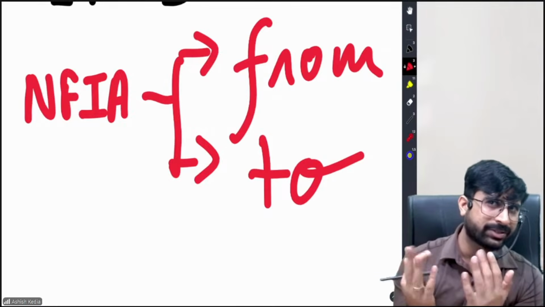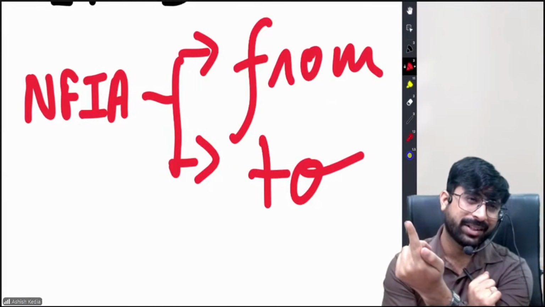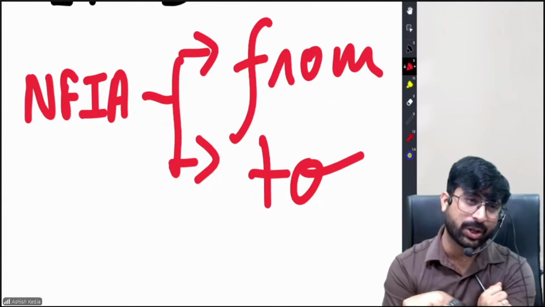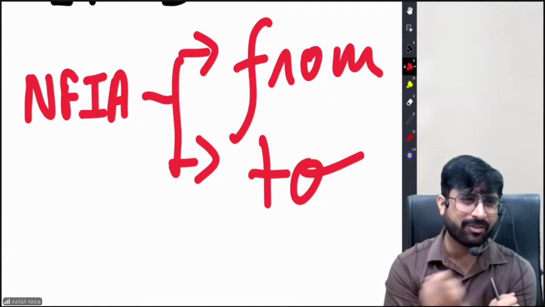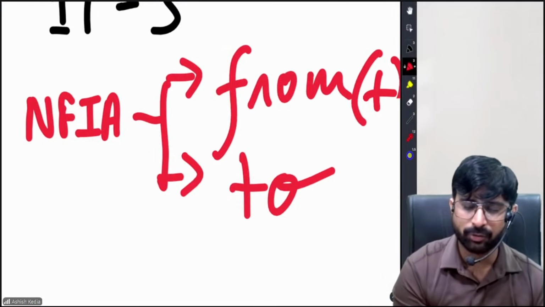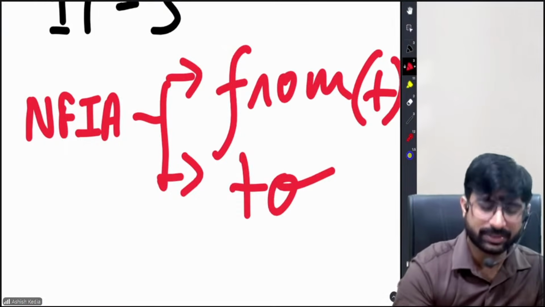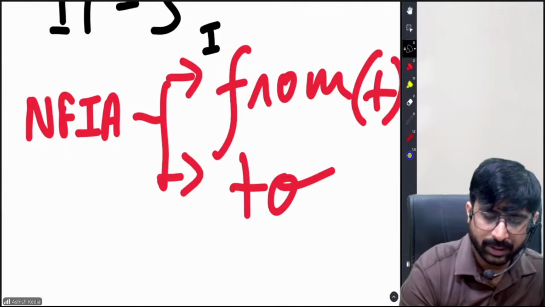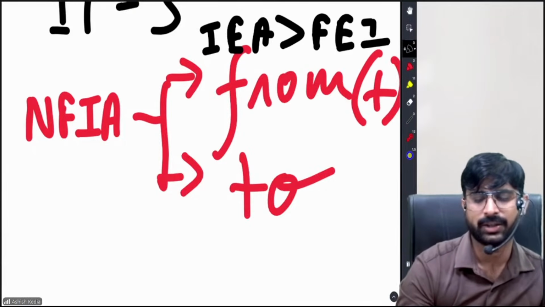So overall money is coming in, because Indians earning abroad earn 500 and foreigners earning in India earn 200. So India is net 300 positive, 500 minus 200, right? So when NFIA is positive, the word from is used. From means Indians earning abroad is greater than foreigners earning in India.